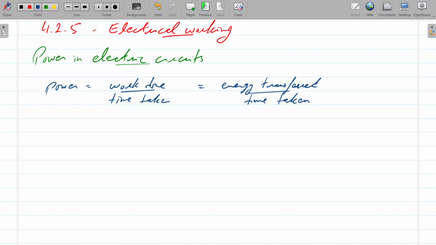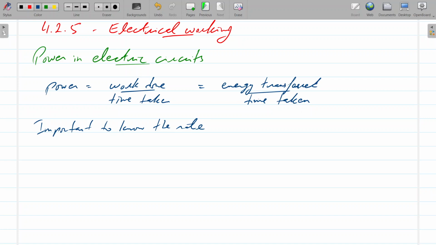And so why do we need to know this? Because it is important to know the rate at which electrical current transfers energy from source to the components, the circuit components. Why do we say rate? Because we're measuring work done or energy transferred over time taken.